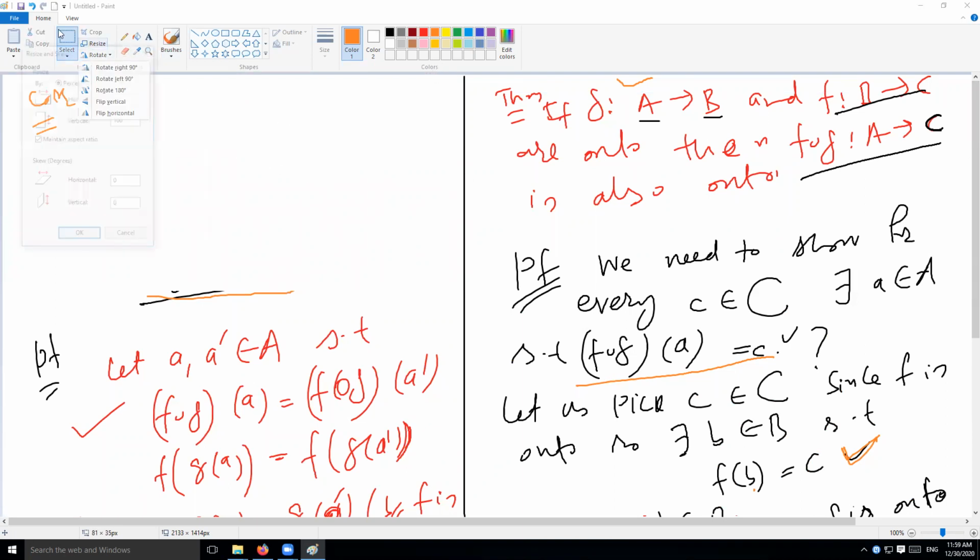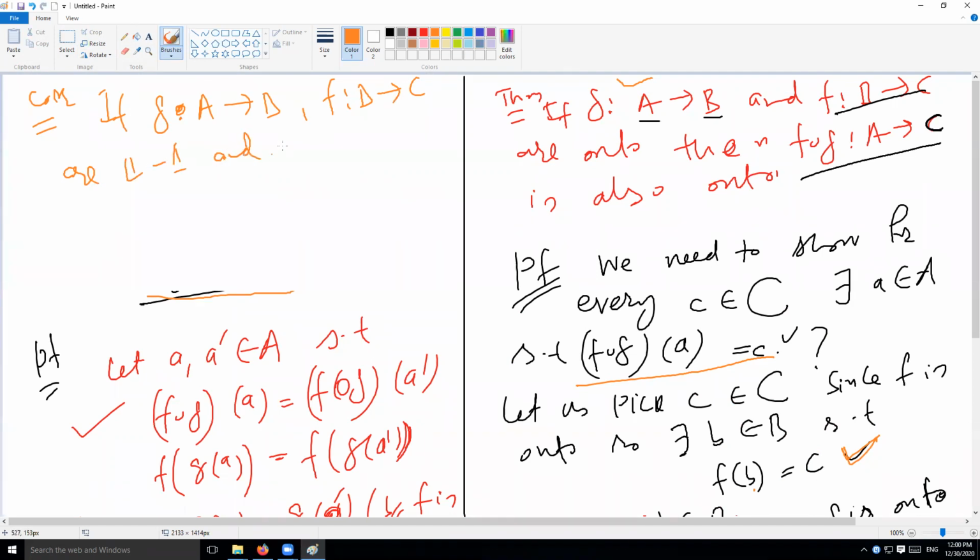So G is from A to B and F from B to C, both are 1-1 and onto, then F composition G from A to C is also 1-1 and onto.